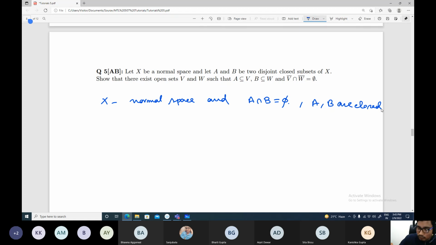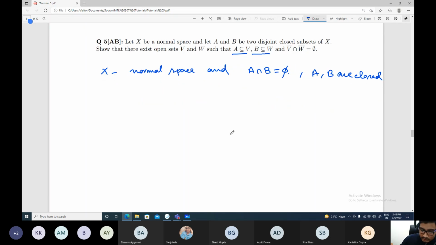Now you have to prove not only this one. This is the definition of normal space: there exist open sets U and V such that A and B are separated by these two open sets, and these two open sets are disjoint. But this question asks you to find open sets V and W, not only disjoint and containing A and B, but also such that if we take their closures, the closures also have empty intersection.